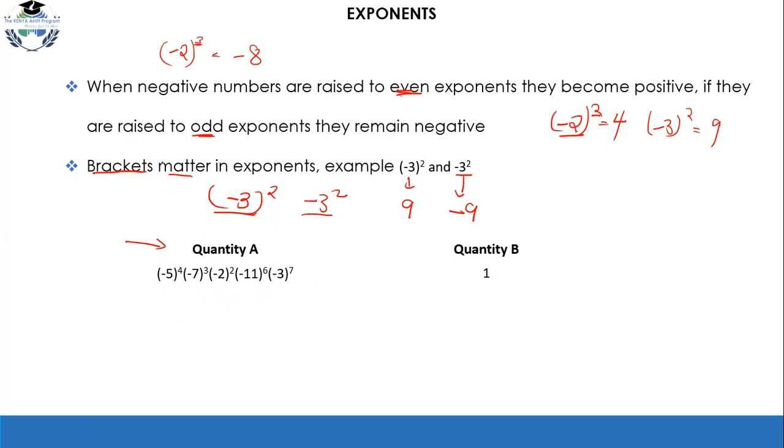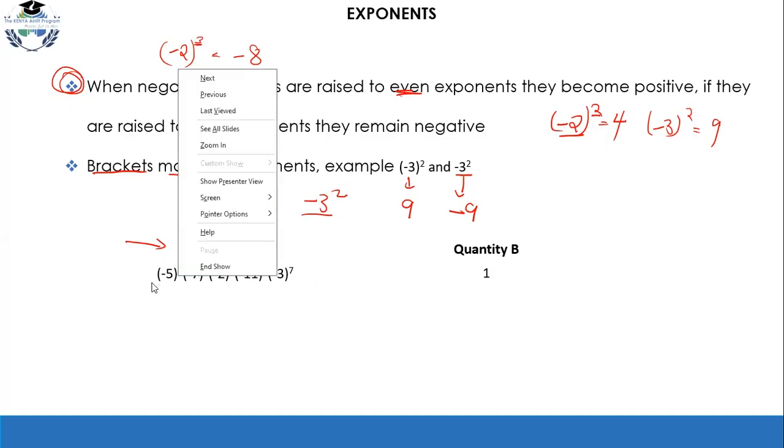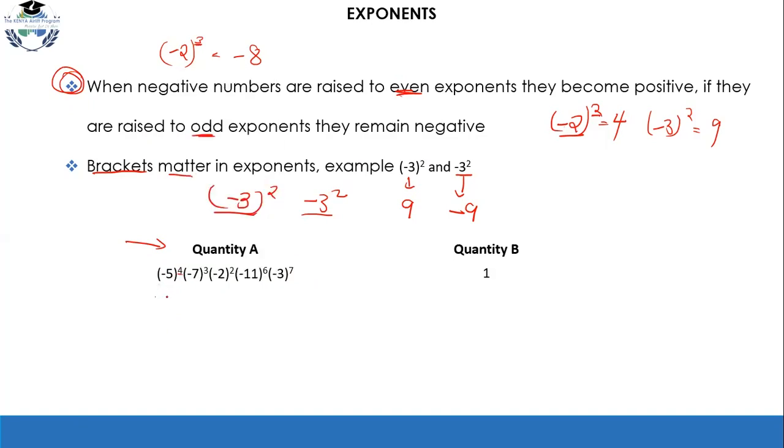So depending on what I've just explained, how will I solve this question in the GRE? This one is -5 power 4. This is an even exponent, meaning it's going to be positive. When negative numbers are raised to an even exponent, they become positive. So whatever the answer is here, it's going to be positive.